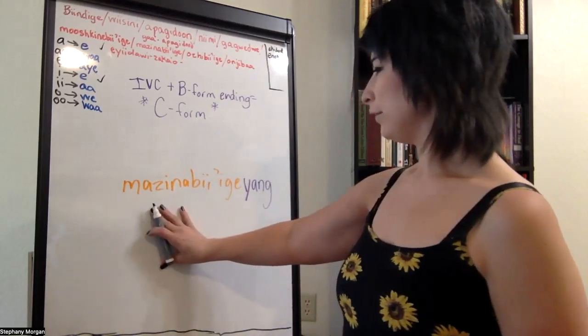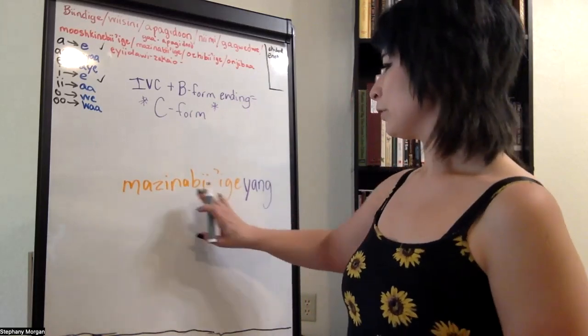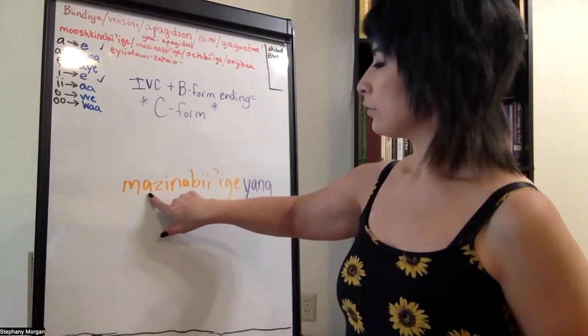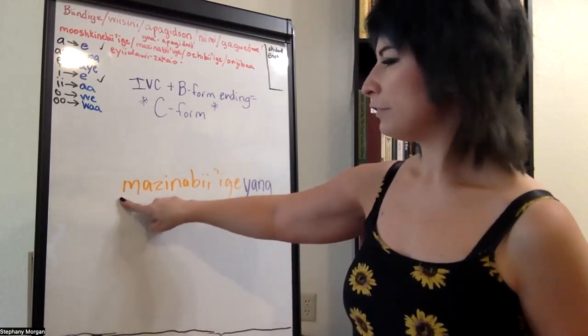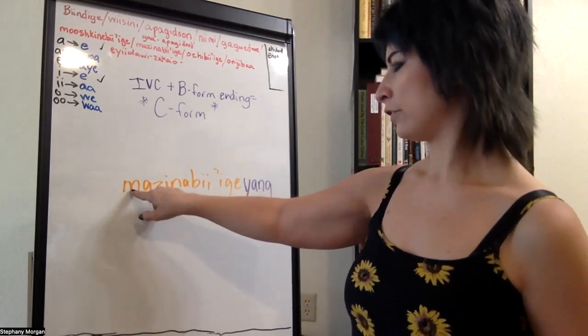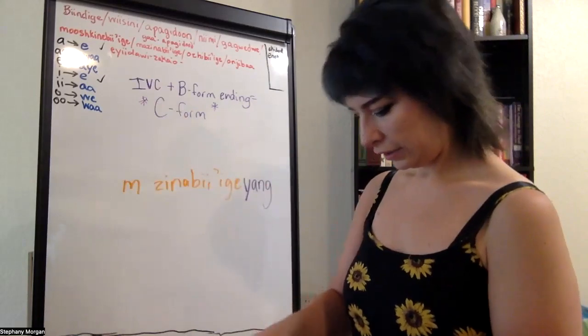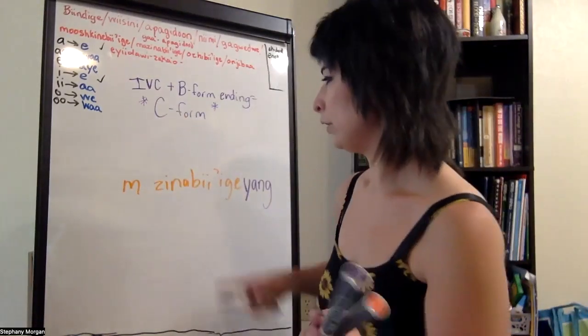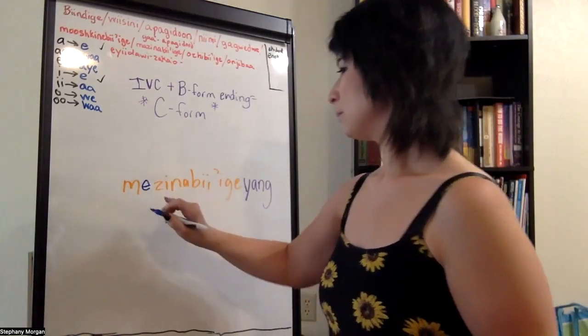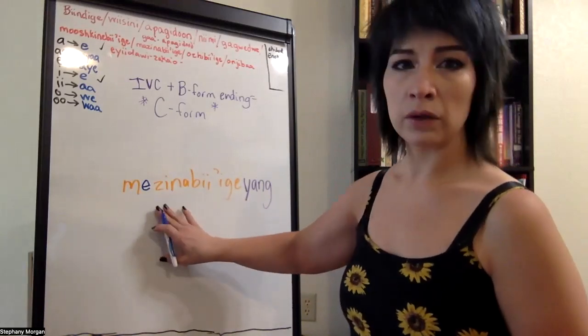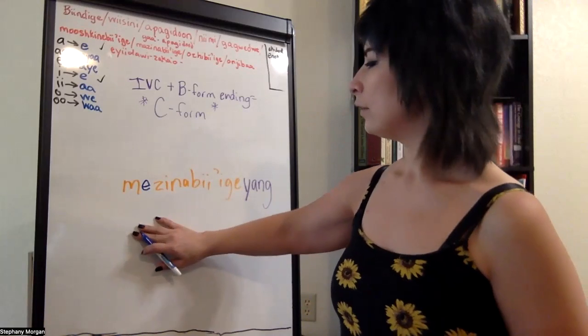So right now it means when we were drawing, but now we want initial vowel change. So our very first vowel in the word, not the first letter, the first vowel is A. A becomes E, and we write Mezinabiegeyam. We are the ones who are drawing.